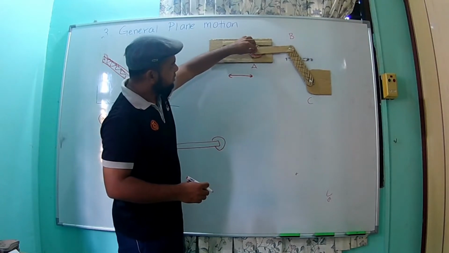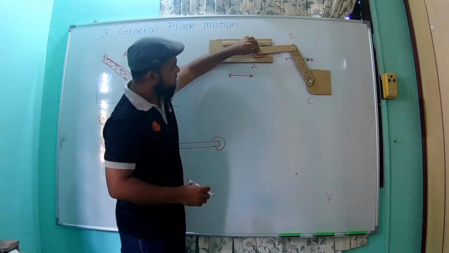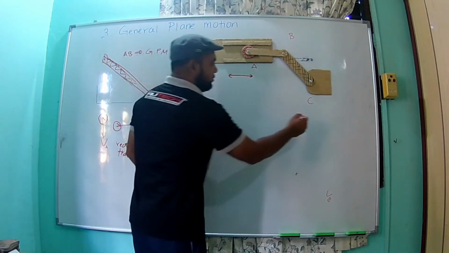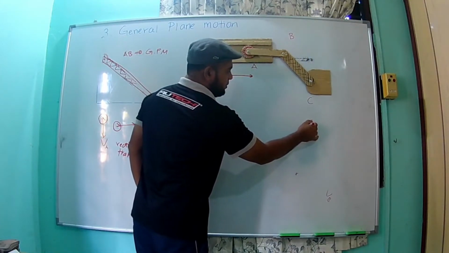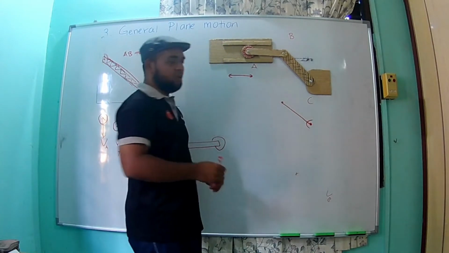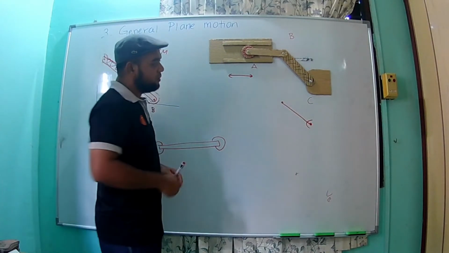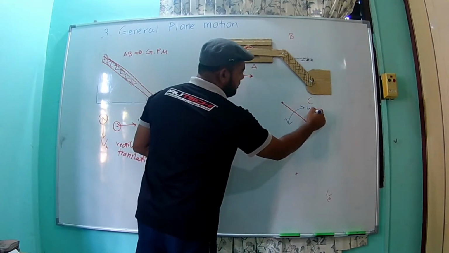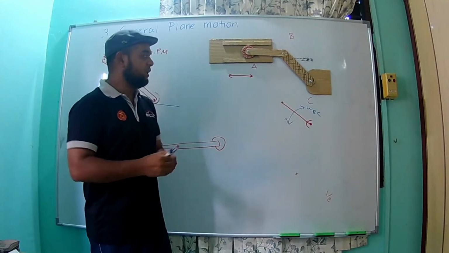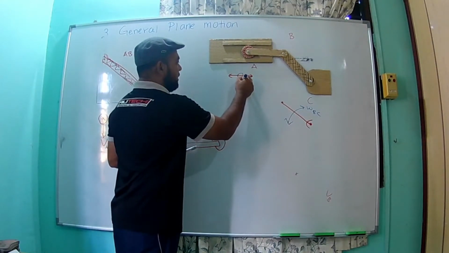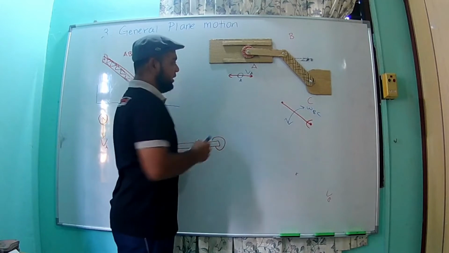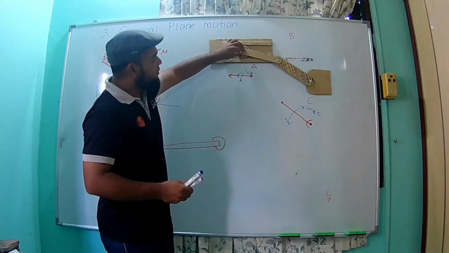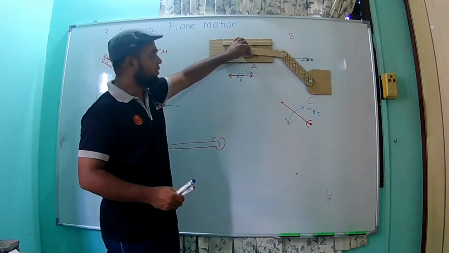What happened to BC? The component BC will rotate with omega BC. Component A moves with VA, but at the same time BC rotates.